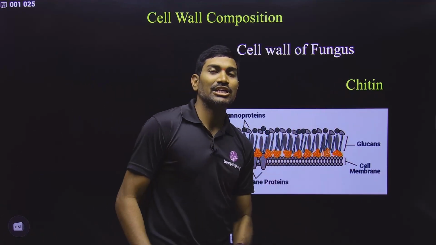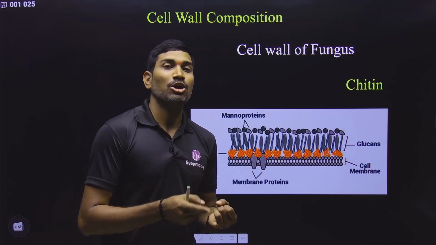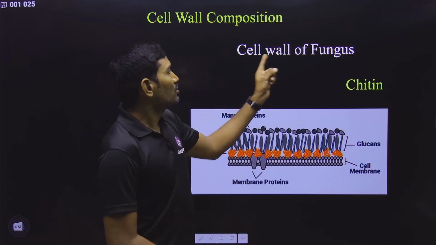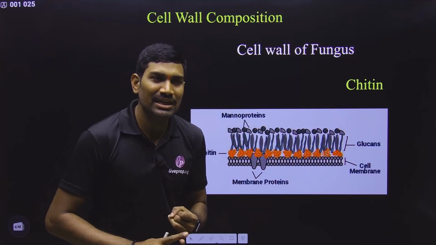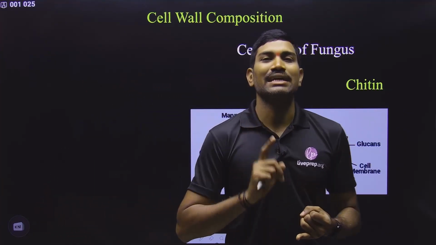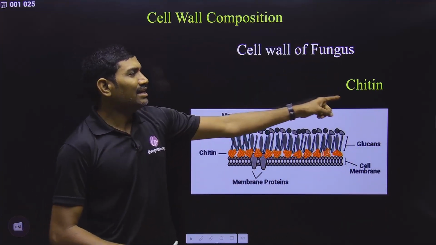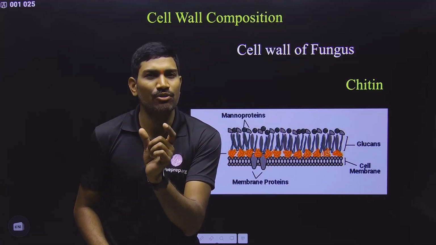And regarding this chitin, you should compulsorily remember, because in biomolecules you are studying, and also you are studying under the biotechnology chapter. Yes or no? So the cell wall of fungus is made up of chitin. What is the biochemical nature of this chitin? This chitin is a polysaccharide. And what type of polysaccharide? Homopolysaccharide or heteropolysaccharide? It is homopolysaccharide. And what is the meaning of homopolysaccharide?